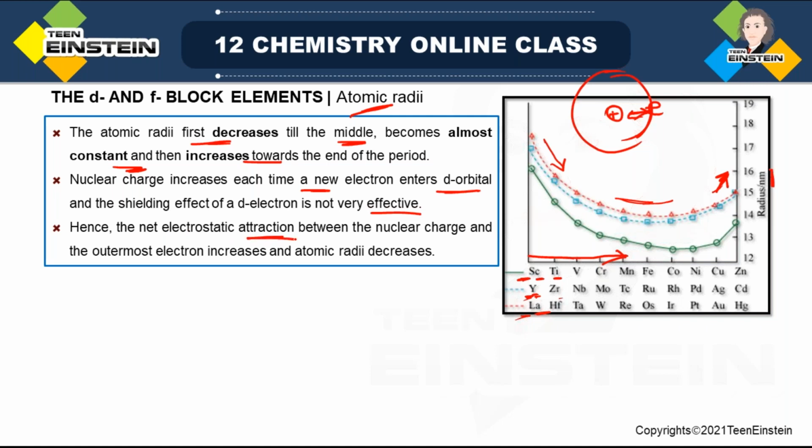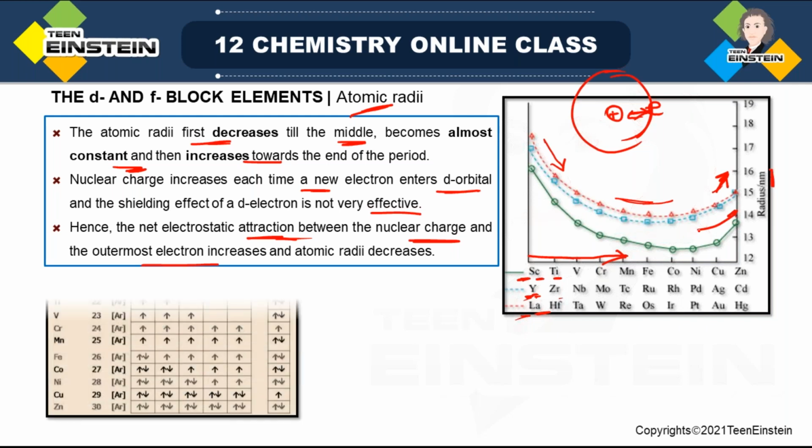Hence the net electrostatic attraction between the nuclear charge and the outermost electron increases and atomic radii decreases. So this is the first reason for which there is a decrease. But there must be some other factor operating for which it is now again increasing. Okay. Now what is this second factor?